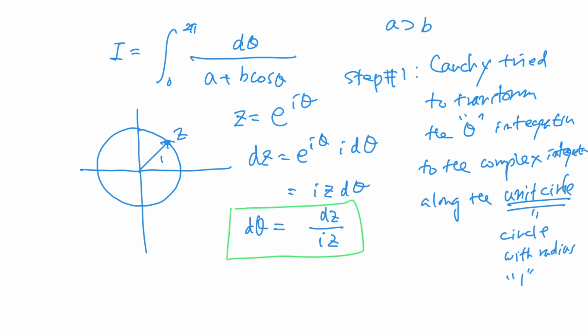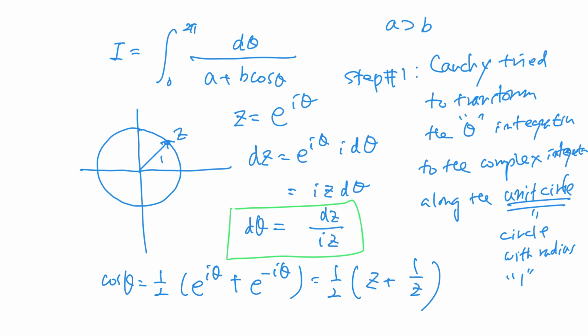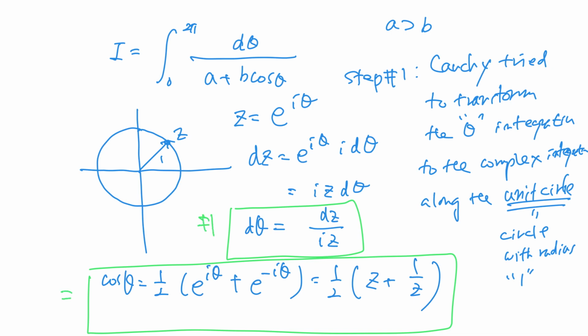Cosine theta is 1 over 2 times exponential i theta plus exponential minus i theta, right? So this is the same as 1 over 2 times z plus 1 over z. So this is step number 2. So that's how Cauchy transformed this theta integration into the complex integration over this unit circle.